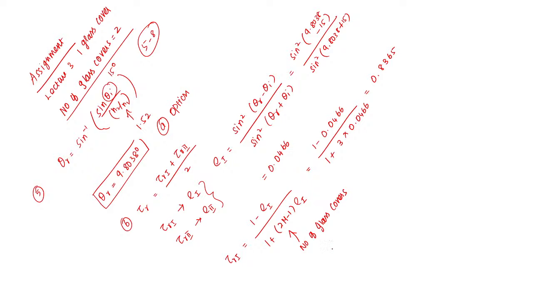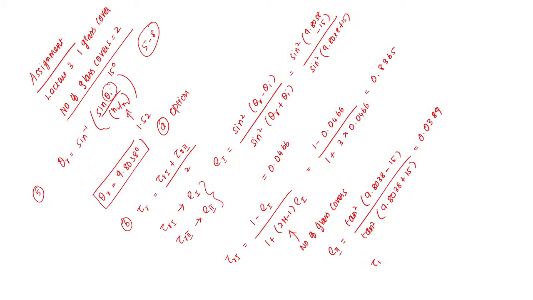In a similar way you can calculate rho 2. The formula is tan square (theta r minus theta I) divided by tan square (theta r plus theta I); I am directly substituting 9.8038 minus 50 divided by 9.8038 plus 15. If you calculate, rho 2 comes as 0.0389.